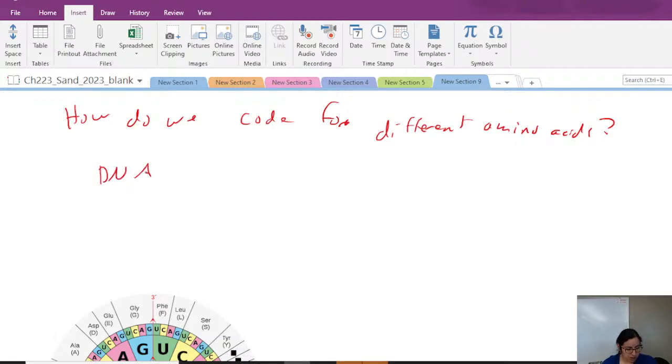For DNA, going from 5 prime, let's just say this is our sequence: A, C, C, T, C, G, A, G, 3 prime.